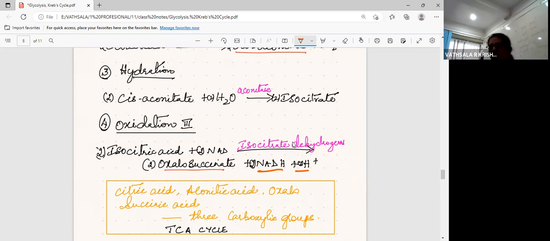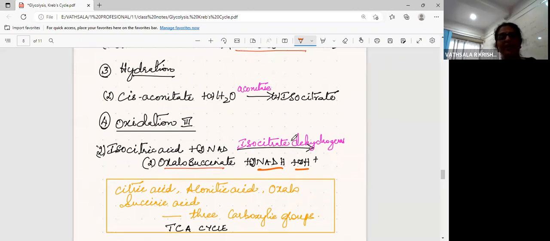This is a very important step, please add it. There is a formation of NADH.